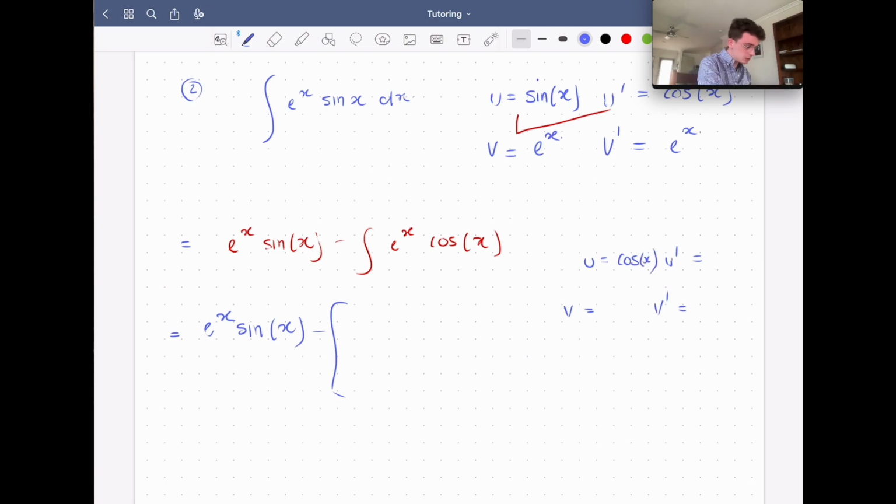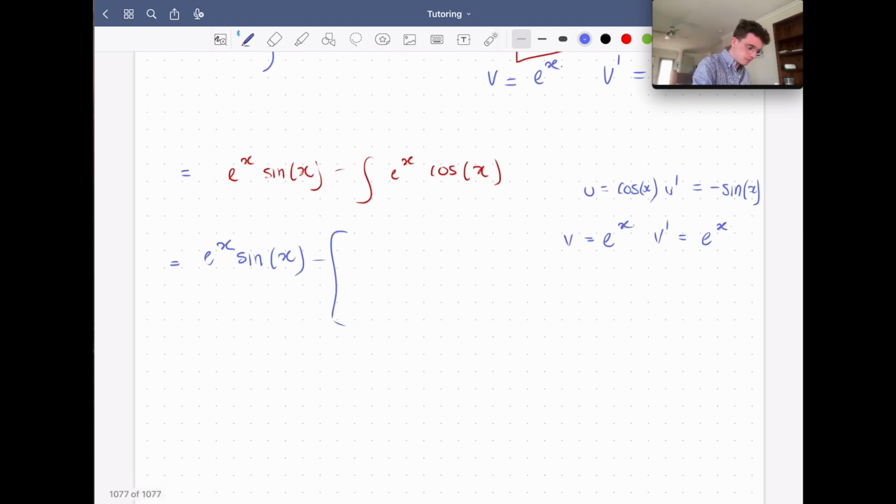Differentiate cos of x, we get minus sine of x. Putting e to the x here, e to the x is nice and easy to integrate, we still get e to the x. So we're minusing, doing our tick method, e to the x cos of x minus the integral of e to the x times minus sine of x.